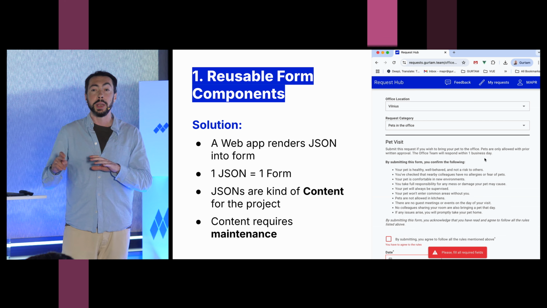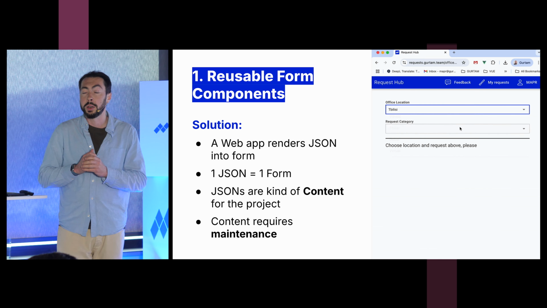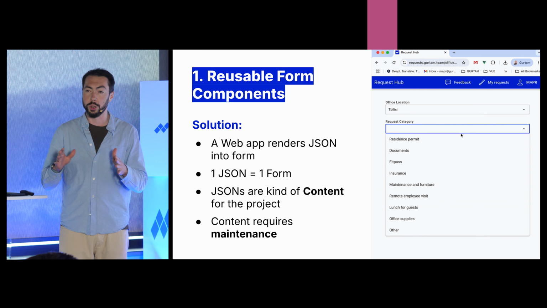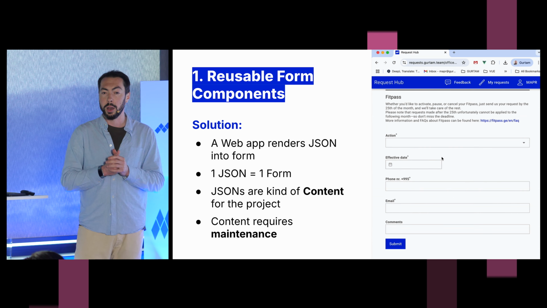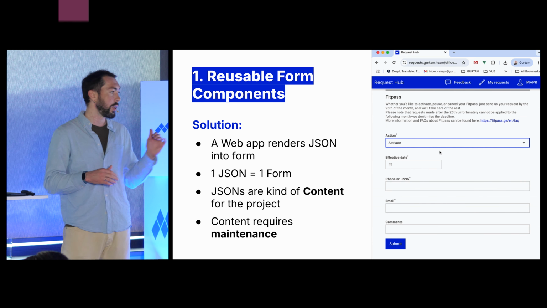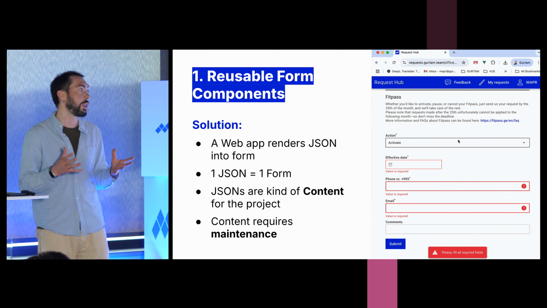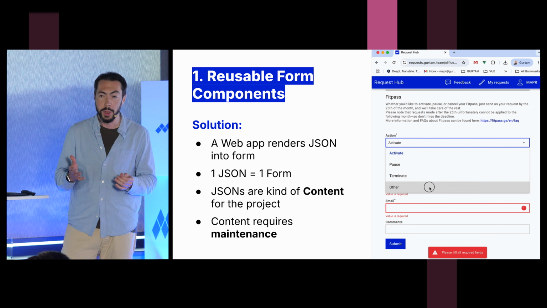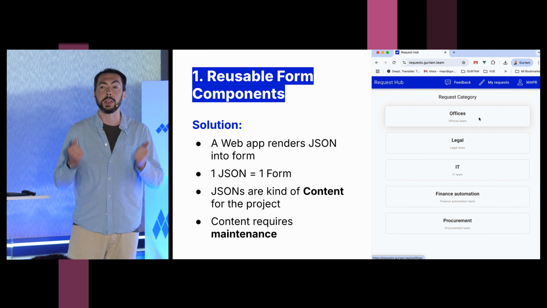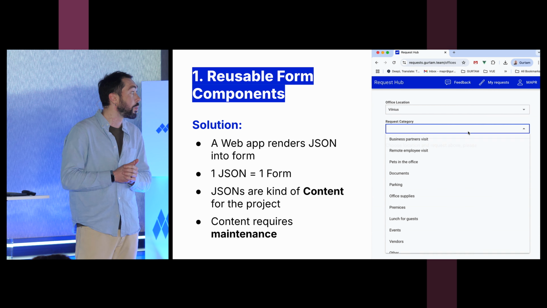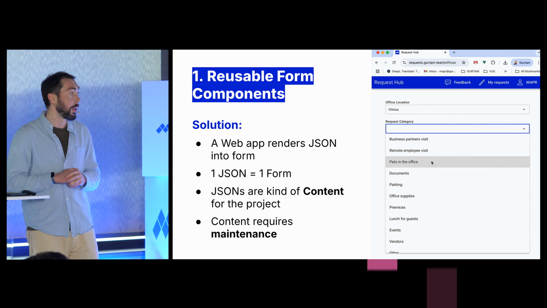I decided to make a web application that is responsible for only one job: rendering JSON into a form. In that case, JSON is the content for our application, and I don't care what content comes to my application.